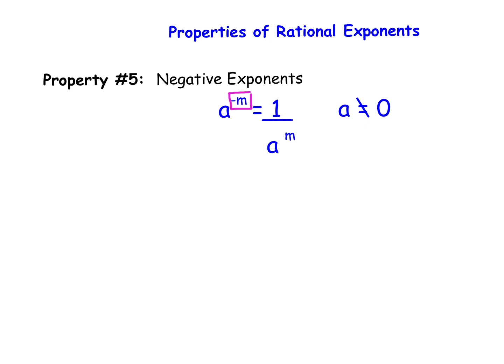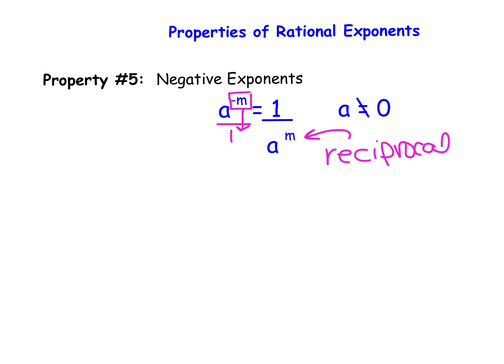We can't change a negative base to be positive, but we can change a negative exponent to be positive by flipping it to its reciprocal. So here you can see we took a to the power of negative m, and in order to flip it to its positive, all we had to do was turn it into a fraction and flip it to its reciprocal. So we move that negative exponent term into the denominator in this case, and it becomes a positive exponent.